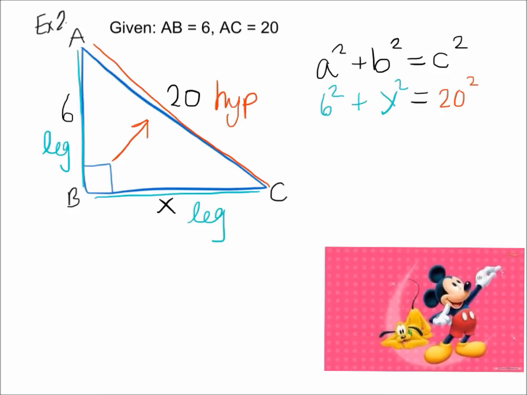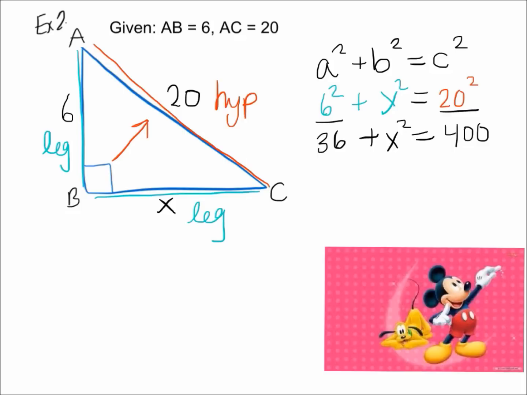Okay, from there, let's do some calculations. I'll square what I know. I can square 6 and I can square 20. That's 36 plus x squared equals 400. Now, unlike my previous problem, where I automatically knew what x squared was, here, the x squared is not alone. This 36 is here.